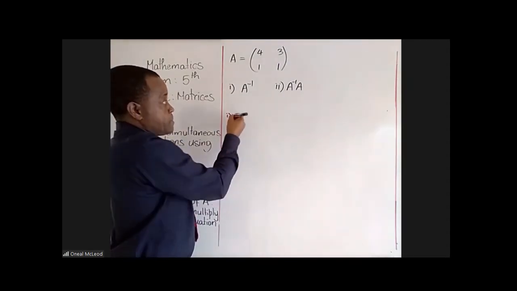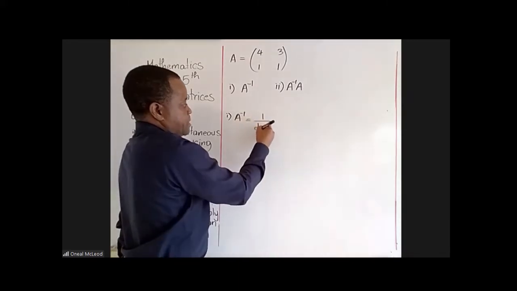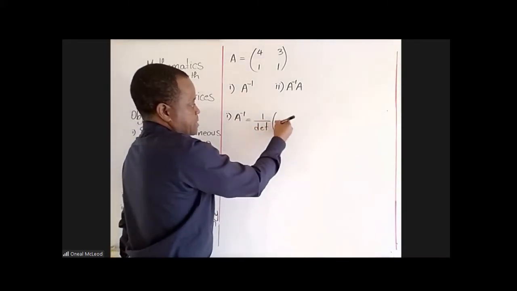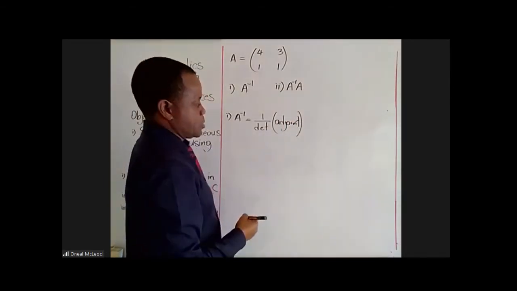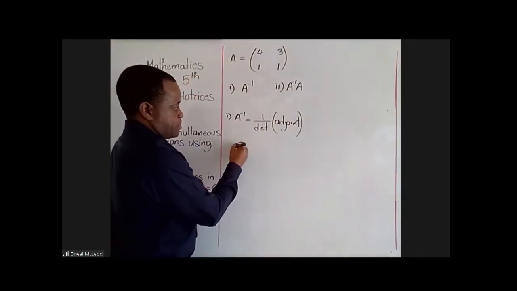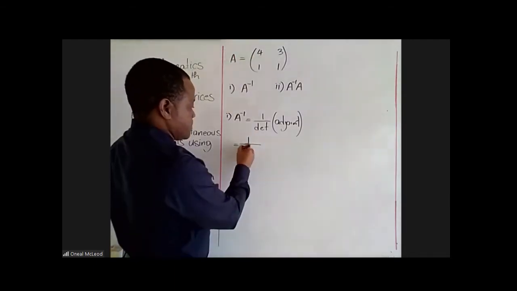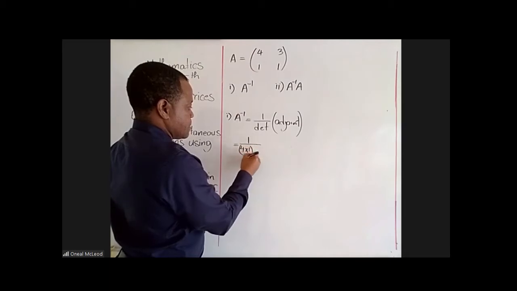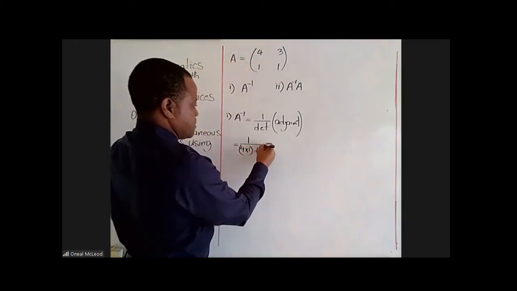So the solution for part 1: A inverse is equal to 1 over the determinant times your adjoint. Good? Now, this becomes 1 over 4 times 1 minus 3 times 1.